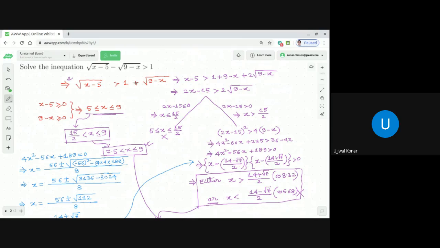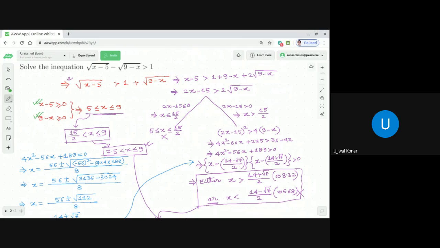Let me use a different color while I explain, just to make a revision. First and foremost, whatever is inside the square root with a variable has to be greater than or equal to 0. So here x minus 5 has to be greater than or equal to 0, and 9 minus x has to be greater than or equal to 0. So these are the very outer territory of our solution. That means x has to be between 5 and 9, including 5 and 9.